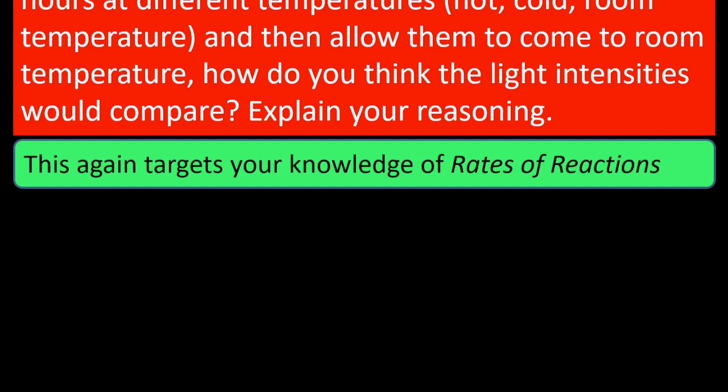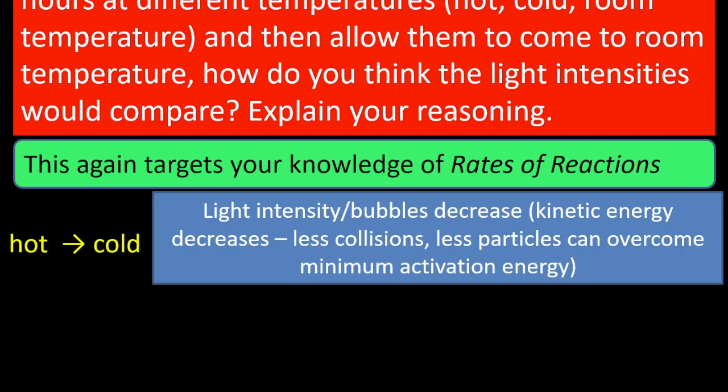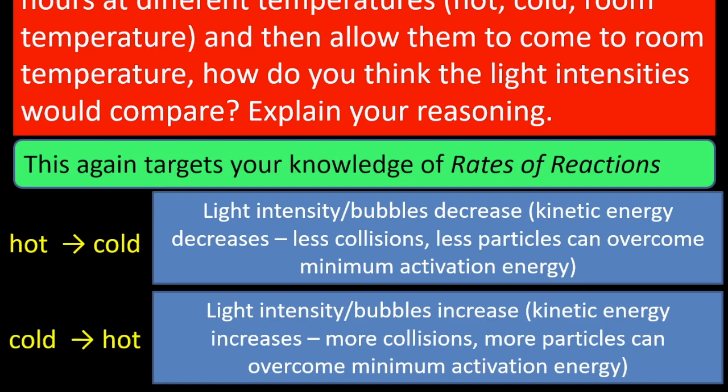So if the glow stick that was originally in the hot water is put into, say, cold water or room temperature, the light intensity and the rate of bubbles will decrease. Think about the kinetic energy of the reactants is going to decrease, so there's going to be fewer collisions, fewer particles can overcome the minimum activation energy, etc. And then the opposite for the condition whereby you're taking a glow stick from a cold condition to a hot condition.